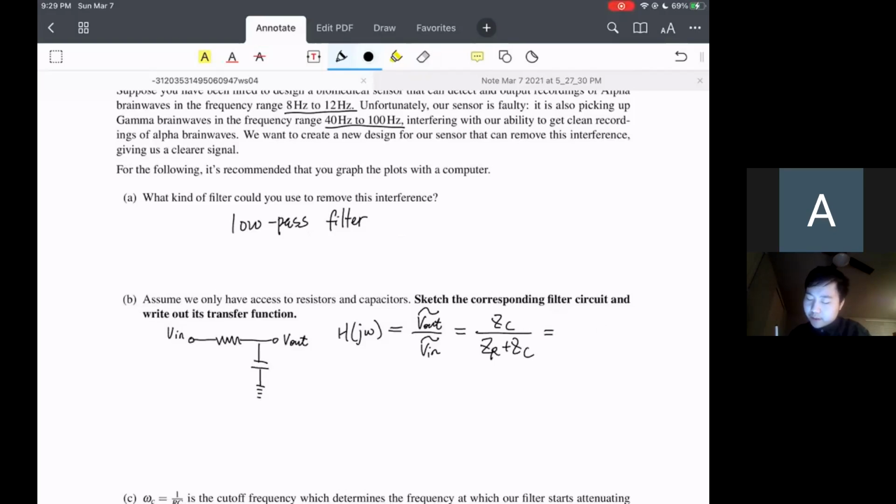We know that the impedance of the capacitor, ZC, is 1 over j omega C, and the impedance of a resistor is just R. So this is equal to (1 over j omega C) over (R plus 1 over j omega C), which is then equal to 1 over (j omega RC plus 1). Okay, and so that is our transfer function.